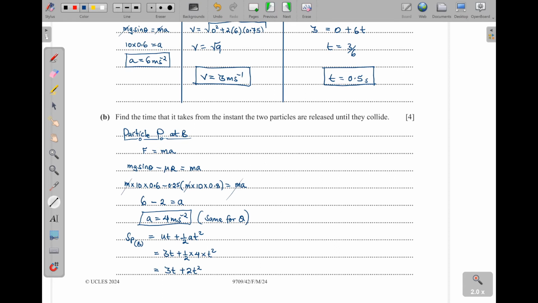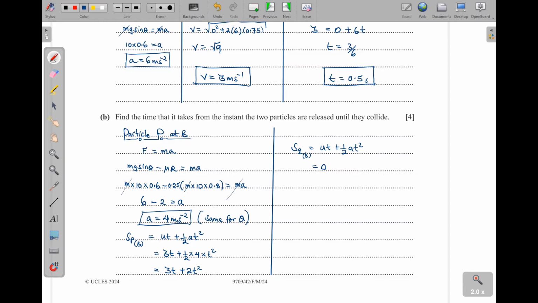Then we can also go to SQ. We also use the same UT plus a half AT squared. For Q, from B, remember the system was released from rest.